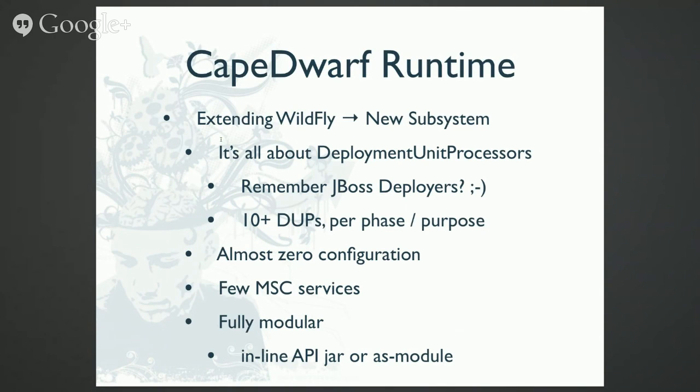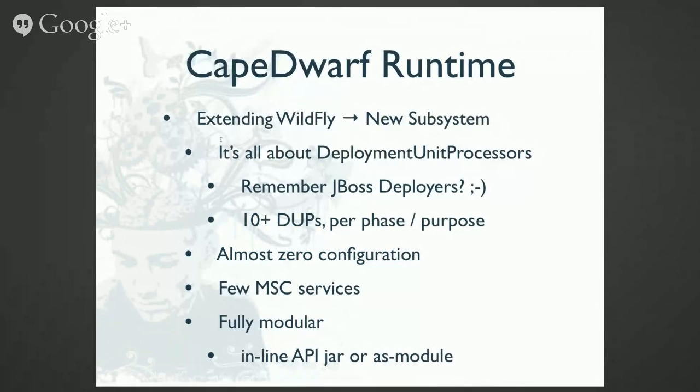CapeDwarf runtime, as I said in the beginning, is extending Wildfly. It's like a new subsystem. That's how you extend Wildfly these days, and it's all about deployment unit processors.